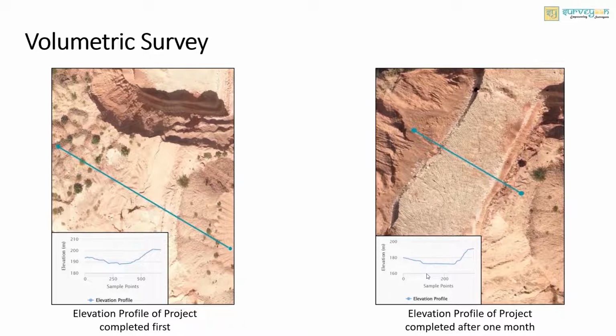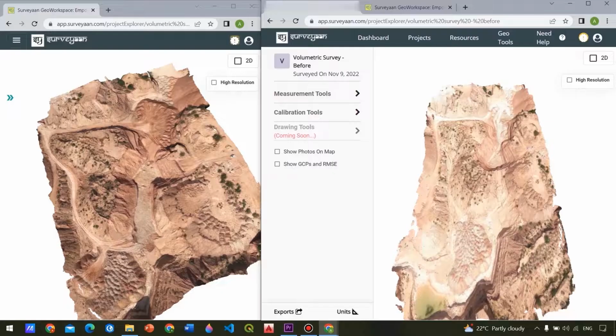Now I will show you both the projects in the 3D view. So this is the 3D model of the project that has been surveyed after 1 month.